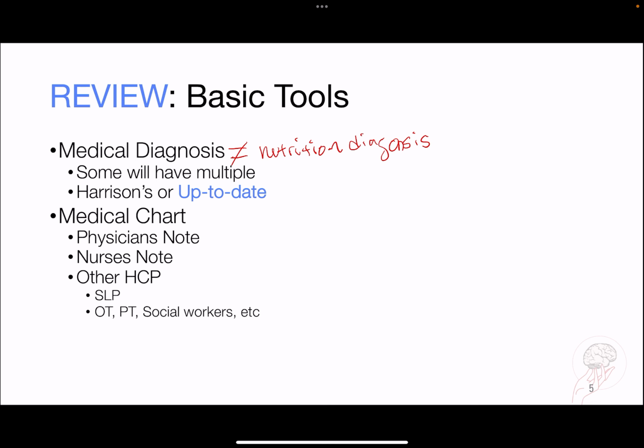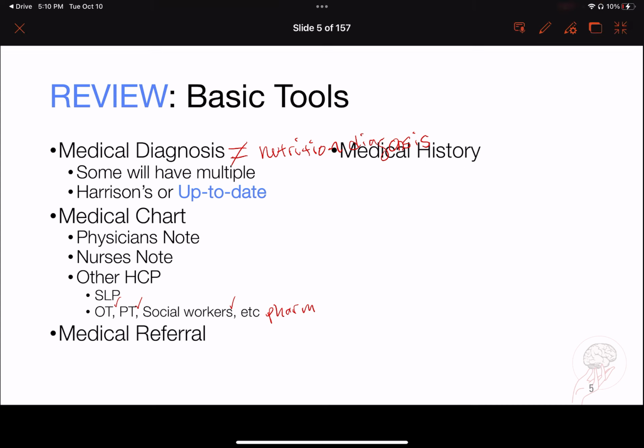We have physician's notes, nurse's notes, other health care providers like speech language pathologists, occupational therapy, physical therapy, social workers, pharmacists are a big one. And often, because you're emerging dietitians, you'll have a medical referral. The MD sent the person to you because of something. I will have to erase.